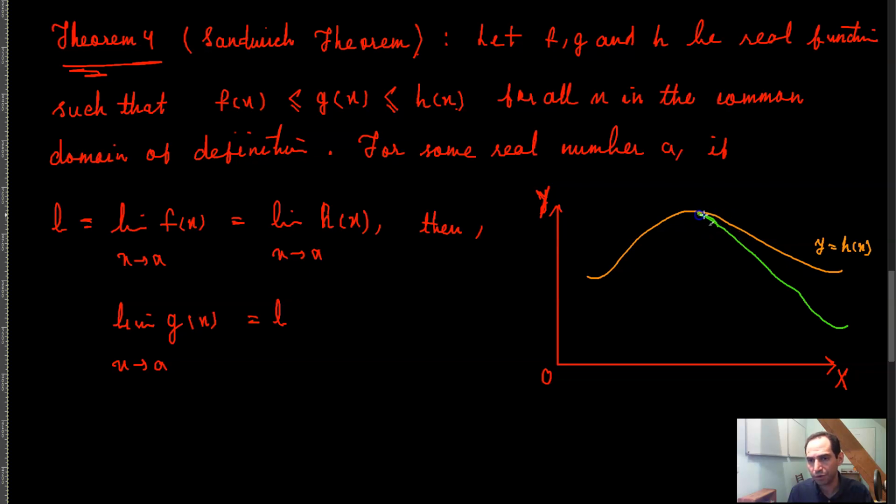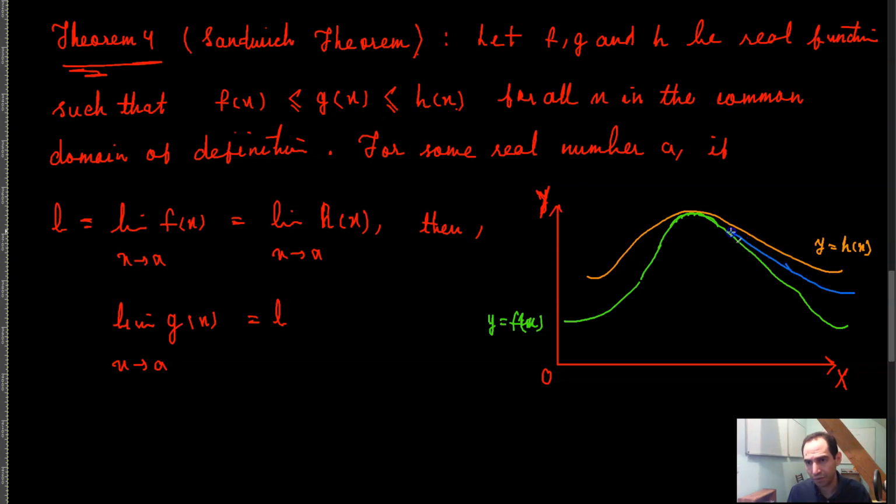This is y is equal to f of x, and we said that f of x is less than g of x less than h of x, meaning that f is below these two functions, and g and h are there as well.